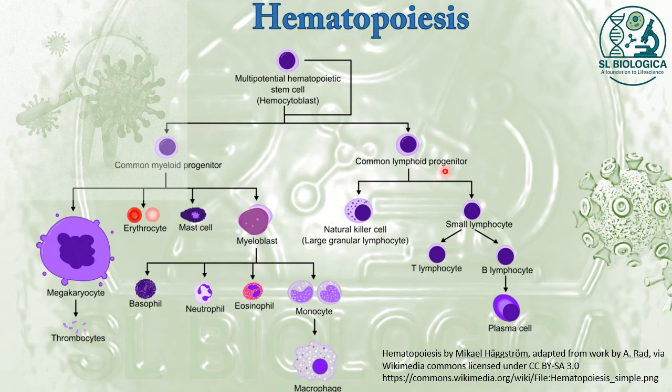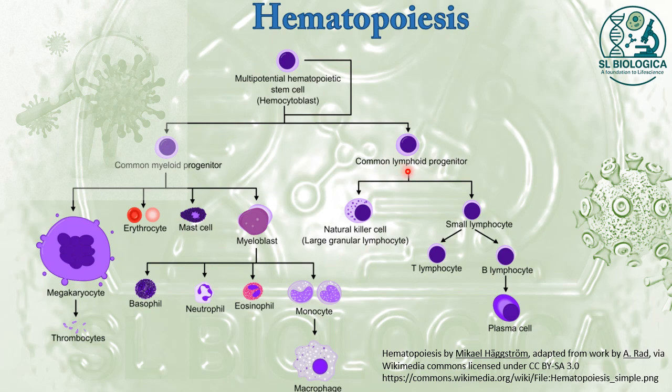From the lymphoid progenitor cell, as the name suggests, we will get lymphocytes. We get the small lymphocytes that eventually form the T lymphocyte and B lymphocyte. And the second type is the natural killer cell, that is the large granular lymphocyte.